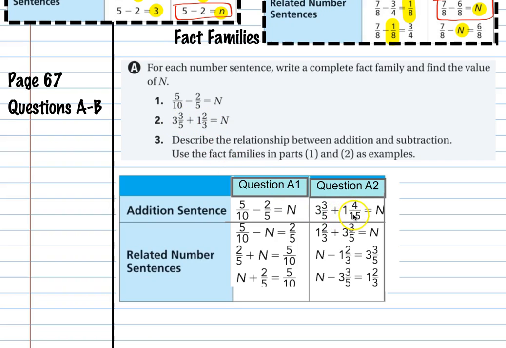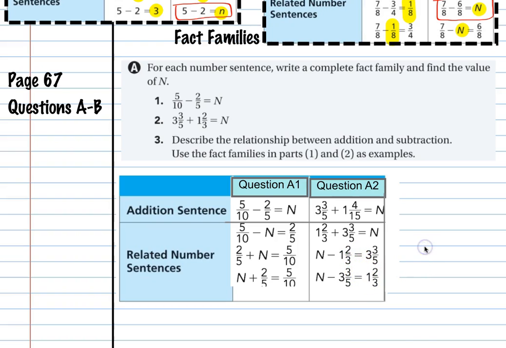When they rewrote it with a common denominator, it was 15. Strangely enough, I don't know why they picked 15. These are your different equations. You can rewrite it with 1 2/3 plus 3 3/5 equals n, n minus 1 2/3, etc. These are your rearrangements of the answers.